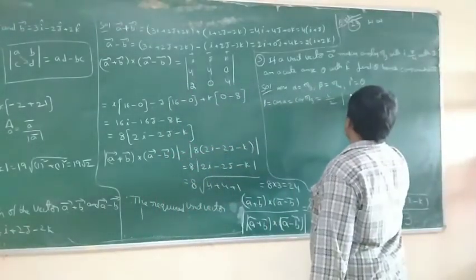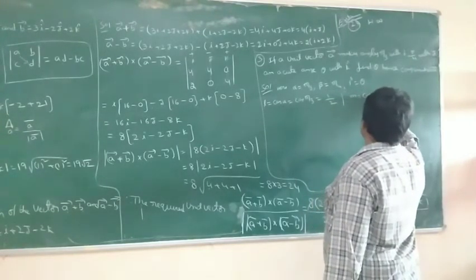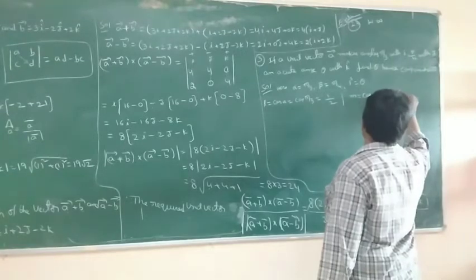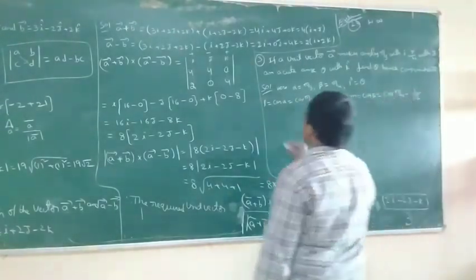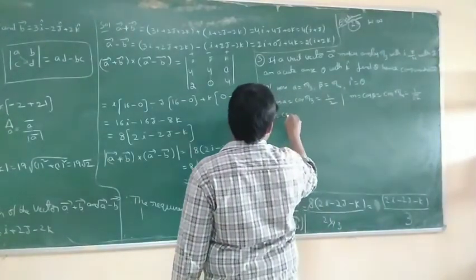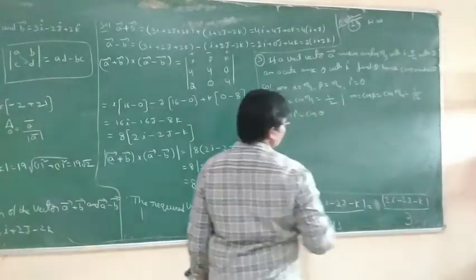Next, m is equal to cos beta, cos pi by 4, pi by 4 is 45 degrees, which is 1 by root 2. n is equal to cos gamma, equal to cos theta. First we have to find theta.